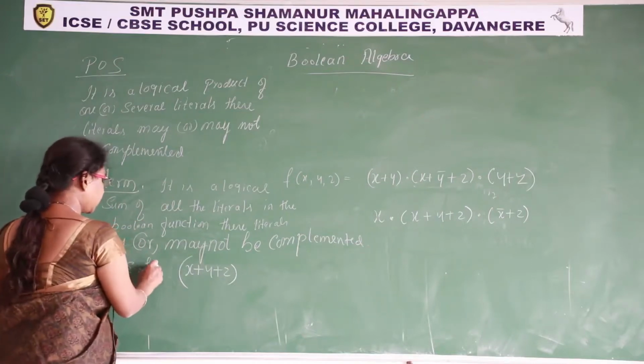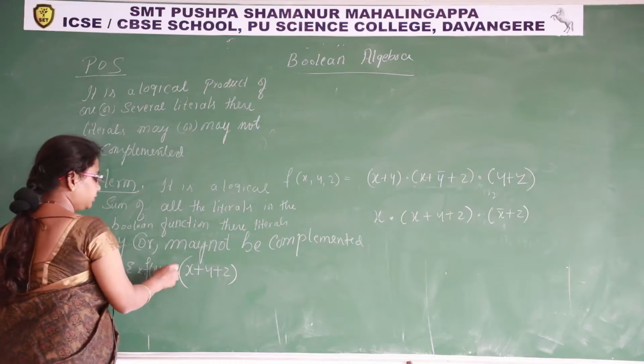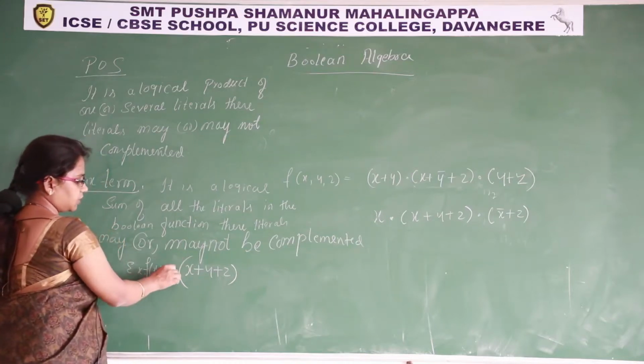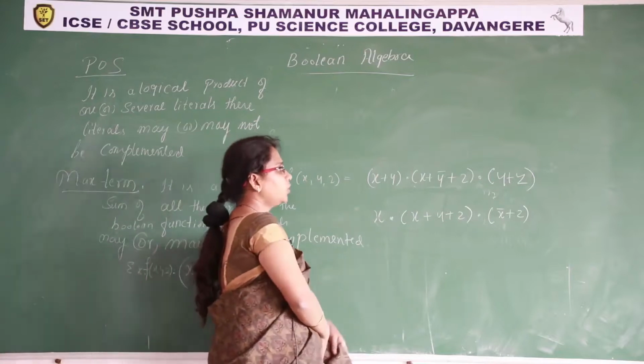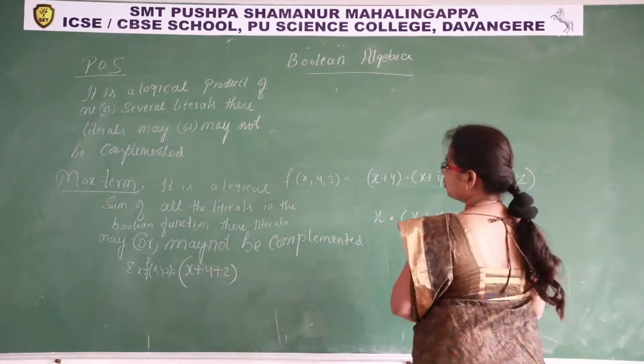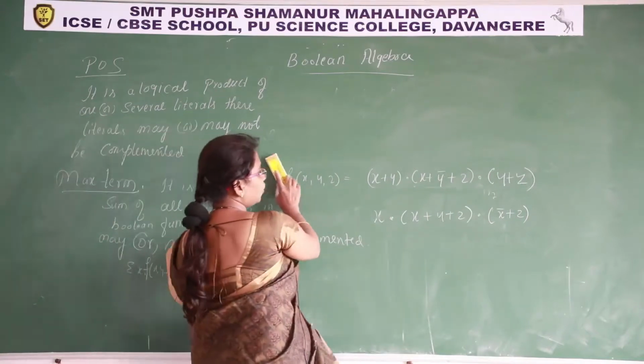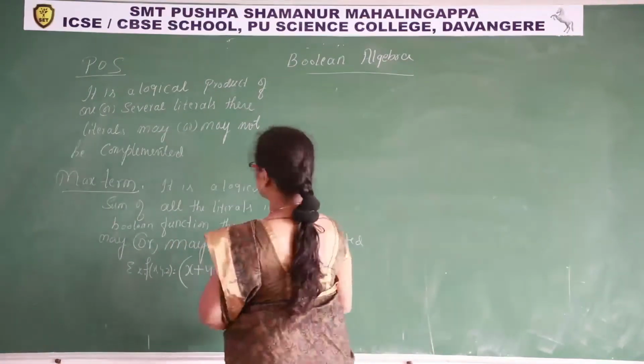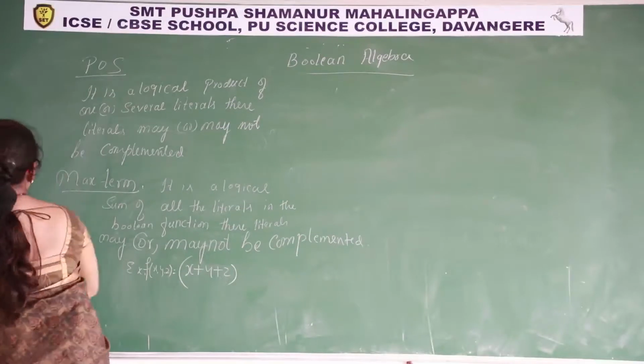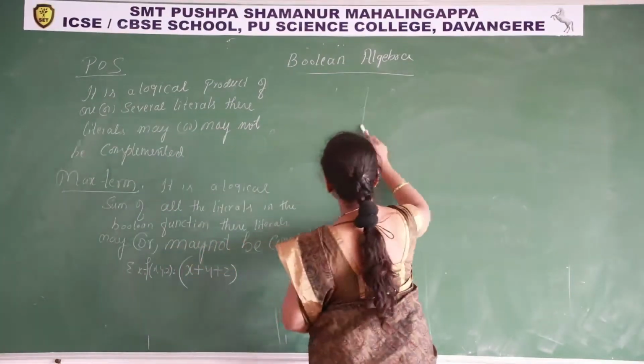You can take the function now, X, Y, Z is equal to. Now what is meant by canonical POS? If a POS expression contains all max terms, then it is called canonical POS.